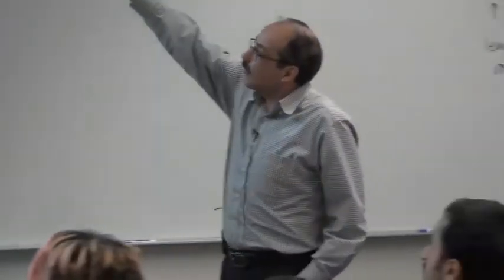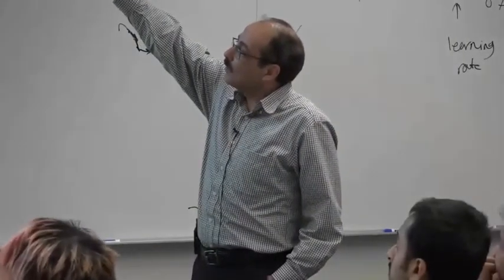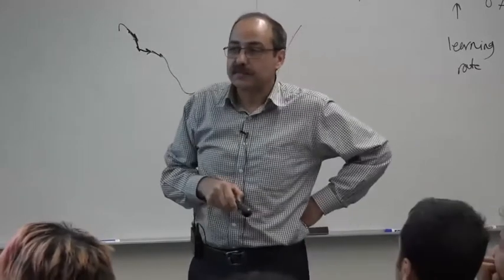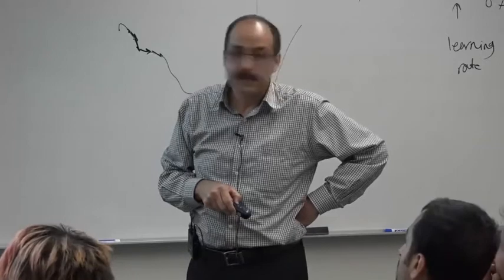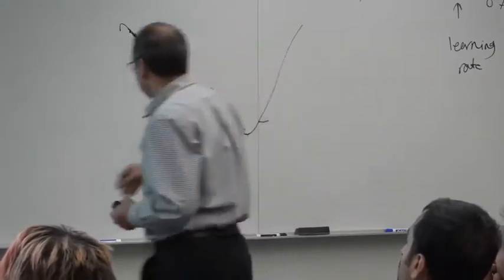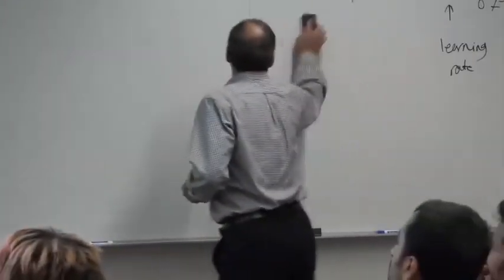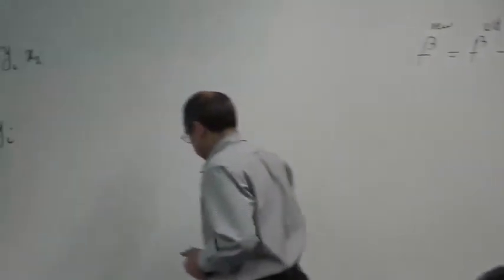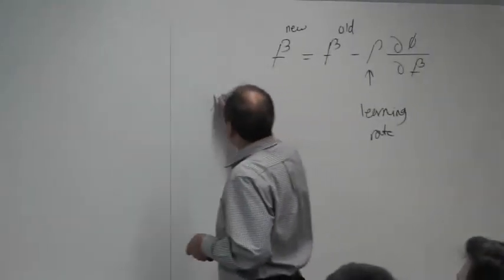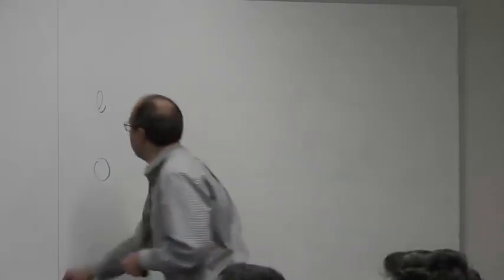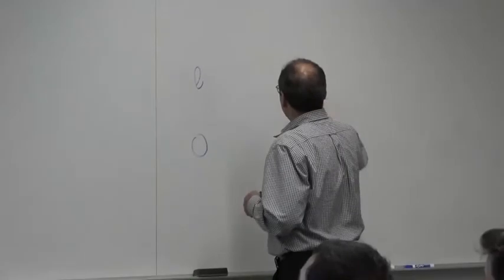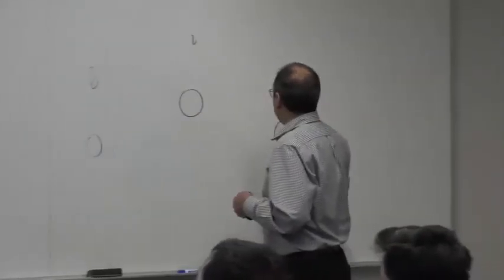So what is the derivative of a_i with respect to u_i^l? We can split it. You remember, we have layer l, we have layer i, and we have layer j.